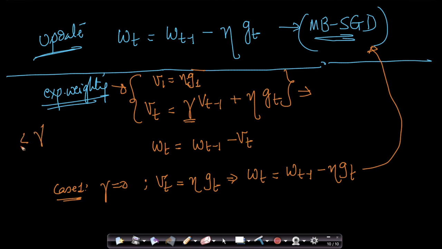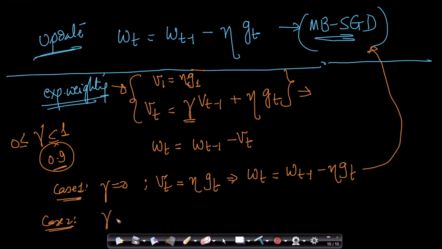Typically, we have our gamma lying between 0 and 1. A good value for gamma that people often use in practice is 0.9. So let's assume my case 2.